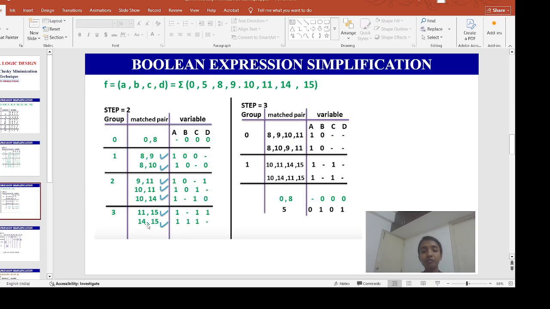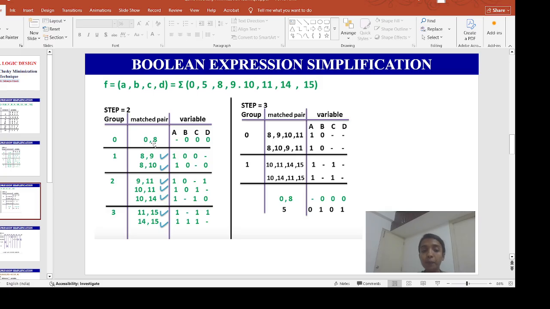Now, I have again written this step 2 table here so that step 3 comes from step 2 itself, so that we can analyze it more easily. So the step 3 table is also the same as step 2. We have to compare 0, 8 with 8, 9. Then what I told, nth row with n plus 1th row.